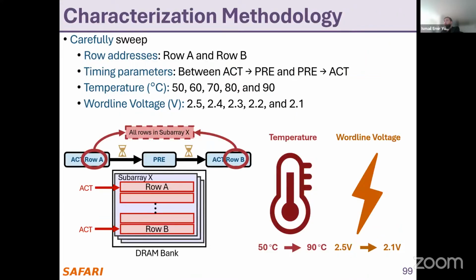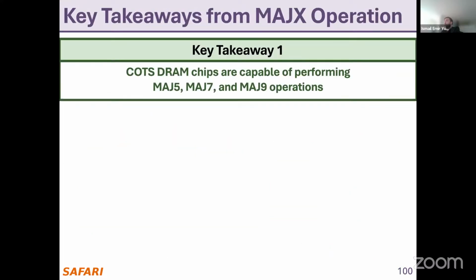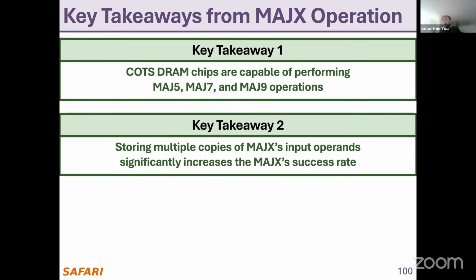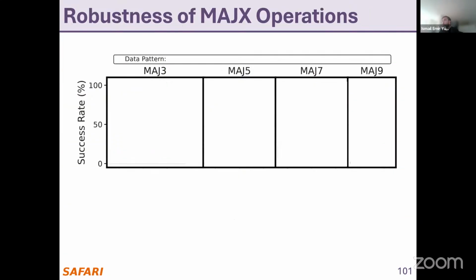So our characterization methodology is the same as before. And key takeaways from MAJX operations are that off-the-shelf DRAM chips are capable of performing MAJX5, MAJX7, and MAJX9 operations. Storing multiple copies of majority input operands significantly increases the success rate, and voltage and temperature slightly affect the success rate, whereas the data pattern affects it significantly.